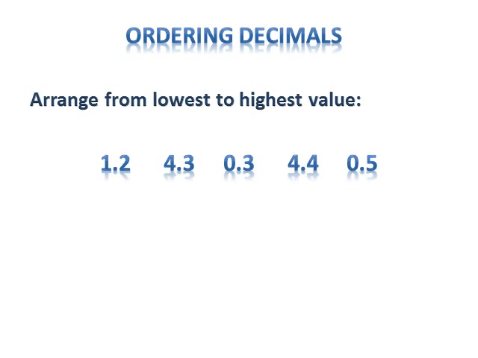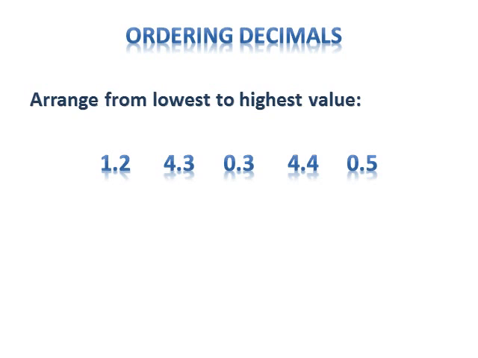Alright, so next one will be ordering decimals. Say we arrange from lowest to highest value. I have 5 numbers here, and we need to arrange them from lowest to highest. The first thing that you need to compare is the whole number. The whole numbers that we have here are 1, 4, 0, 4, and 0. The lowest ones would be the 2 zeros.